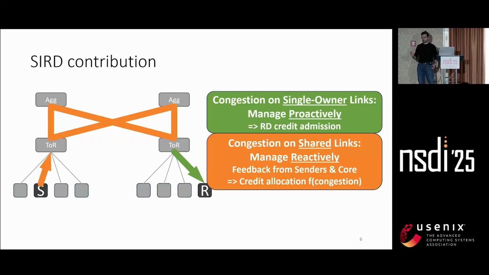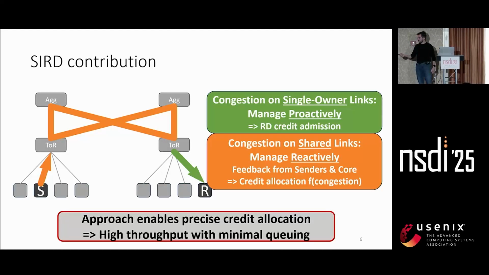But congestion on shared links, that is, links that are shared by multiple senders at the same time, should be managed reactively, using congestion feedback from senders and the core to do credit allocation as a function of congestion. And we will see that this approach enables the receivers to do precise credit allocation, which yields high throughput with minimal queuing.